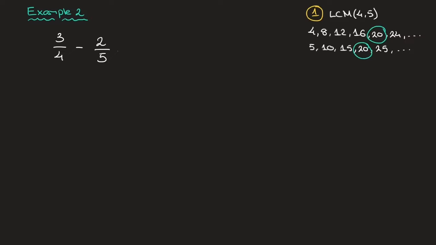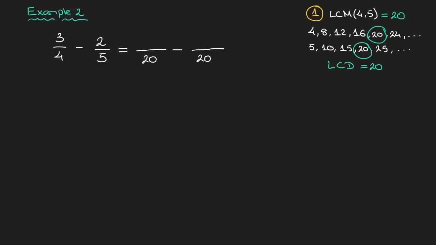So the least common multiple of 4 and 5 is equal to 20, and since 4 and 5 are the denominators of these two fractions, we can go ahead and state that the least common denominator is equal to 20. And what that tells us is that we need to rewrite this subtraction as something over 20 minus something over 20.